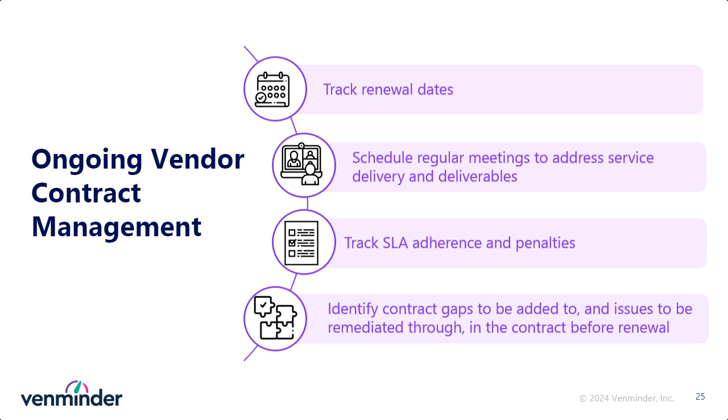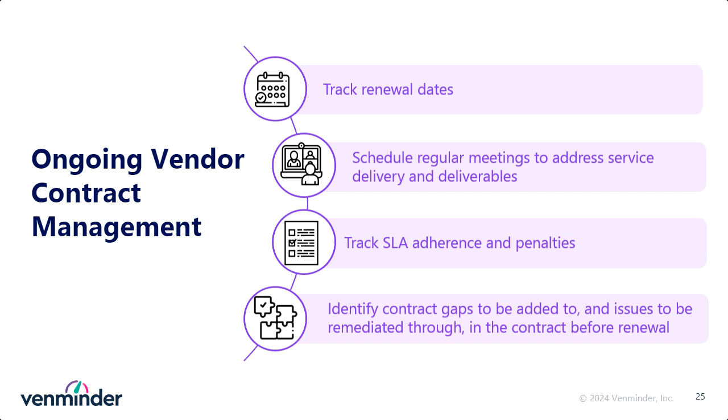So establish those quarterly business reviews, or whatever you might be calling them, so that you can both show off what you've been doing, how it's been going, address any concerns, and just stay in touch throughout the relationship. Another one, of course, is tracking those SLAs and ensuring that you're getting the reports that were set up in the contract, so that you can review them and determine if the SLAs are indeed being met, or if there's any penalties that are owed back to you.